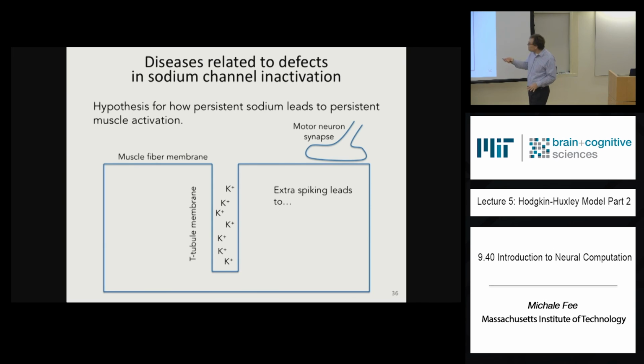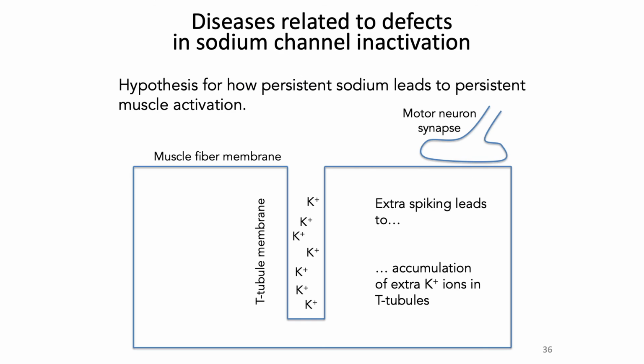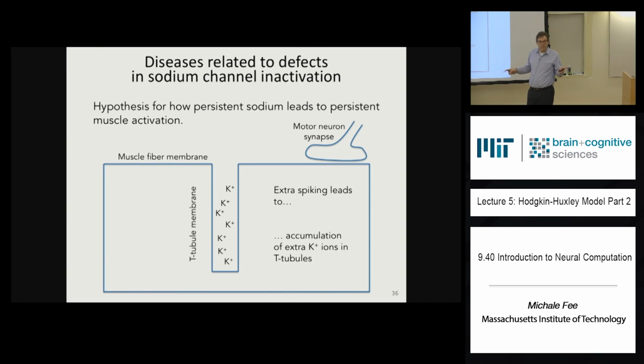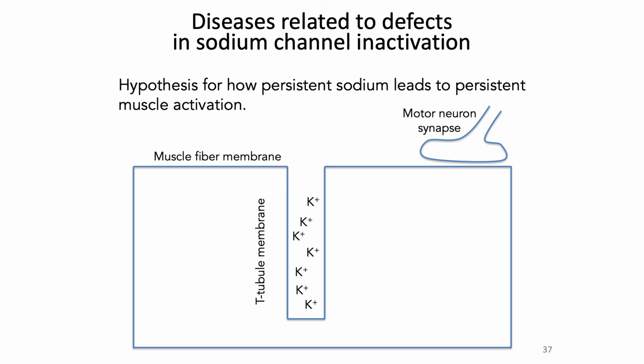But now, this is outside the cell. So you have suddenly a very high concentration of potassium ions outside the cell, and they push their way back in. They start diffusing back in, which does what to the cell? You now have potassium ions going the wrong way. Which does what? Depolarizes the cell. Potassium ions go back in, and it depolarizes the cell.